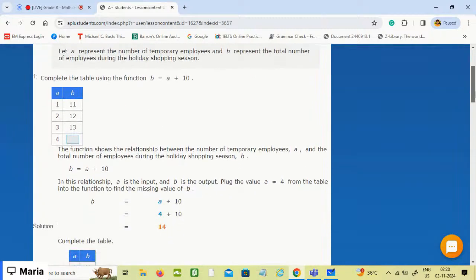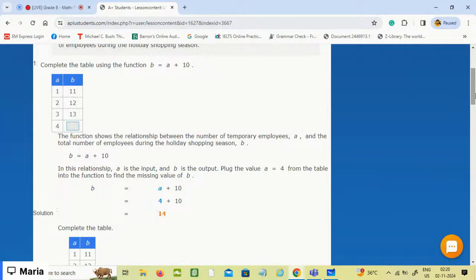Okay, complete the table using the function b equals a plus 10. You need to find the missing value in the table, right? You are given a equals 4. The function is b equals a plus 10. So replace a with the value, right? That would be 4 plus 10.